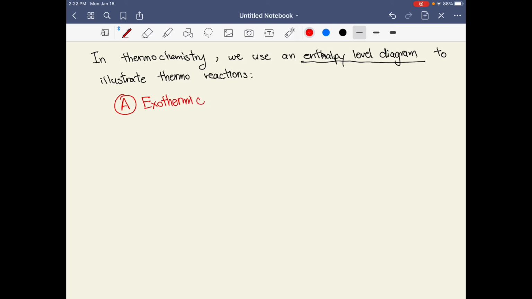Okay, now what does an enthalpy level diagram look like? Well, it's really a graph where you have the y-axis indicating enthalpy, which is the amount of heat content of a system. And of course, you're graphing this against duration of the reaction in time.